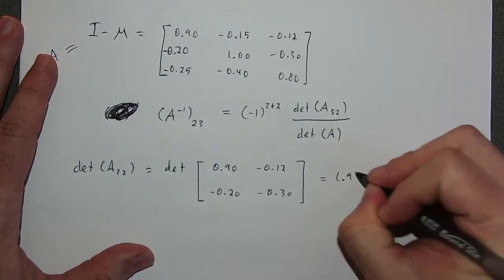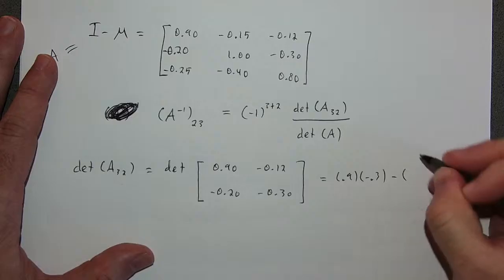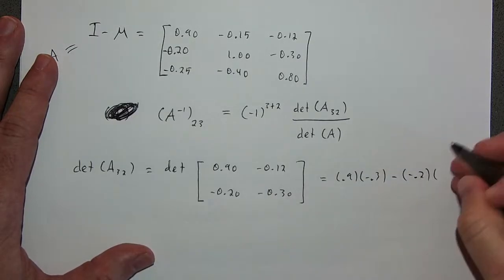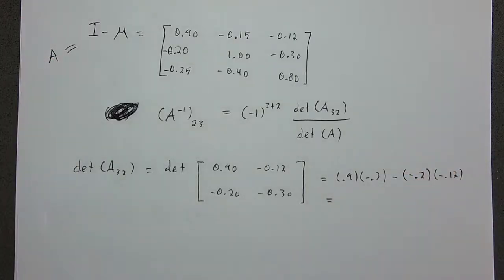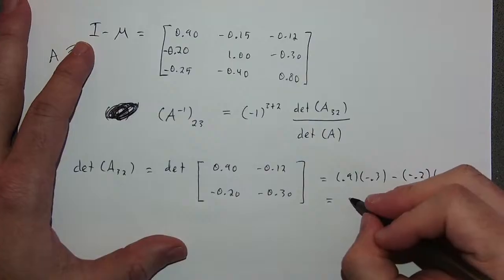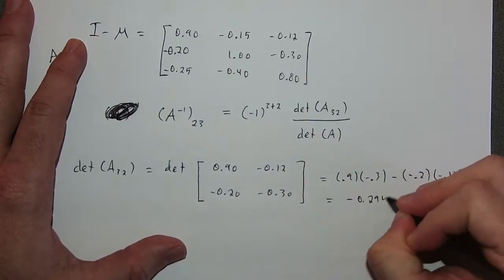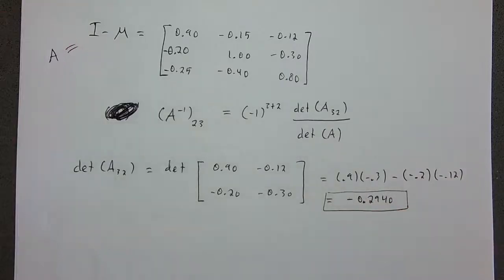This is 0.9 times minus 0.3 minus minus 0.2 times minus 0.12, which if I do this all the way, this is minus 0.2940. Okay, so that's my determinant of A32.